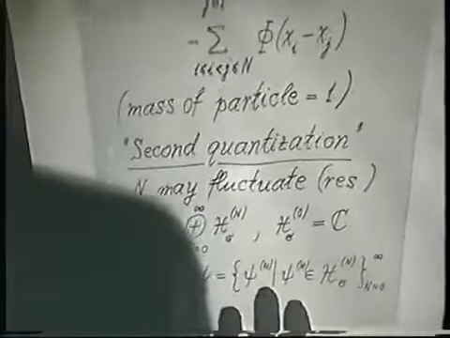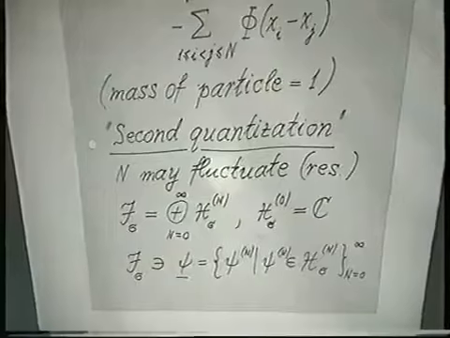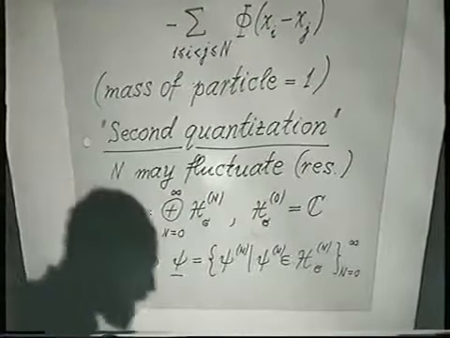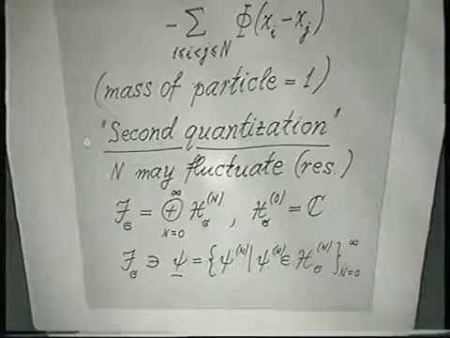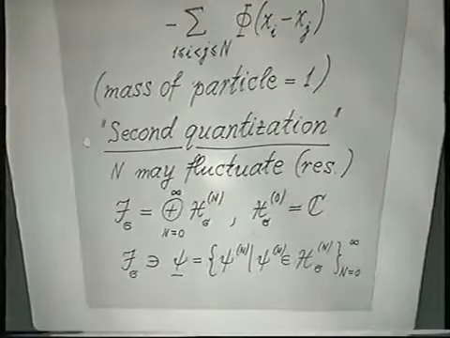It will be advantageous for my purposes to make use of the formalism of second quantization. For example, it could happen that this n-particle system is really connected to a reservoir with which it can exchange particles.